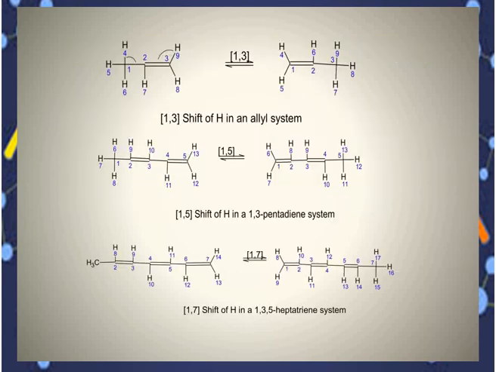So you can see here the concept of 1-3 shift. You can see the position of 1 and the position of 3. So 1-3 shift of hydrogen in allyl system, 1-5 shift of hydrogen in 1,3-pentadiene system, and 1-7 shift of hydrogen in 1,3,5-heptatriene system.